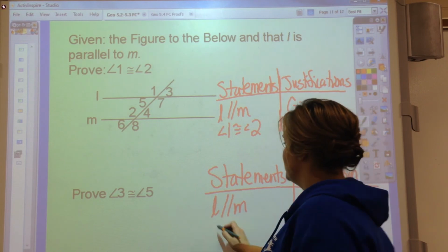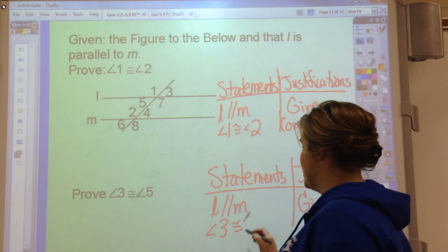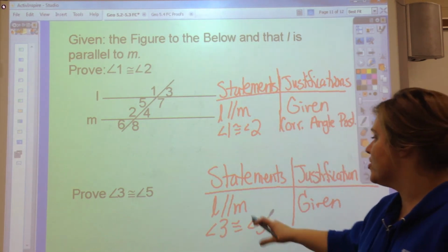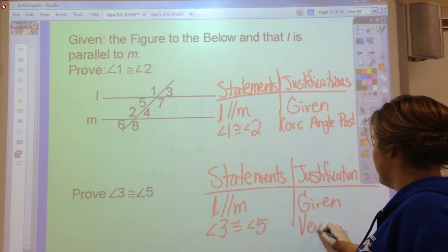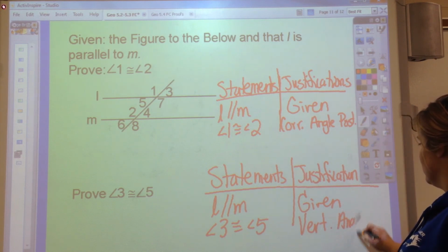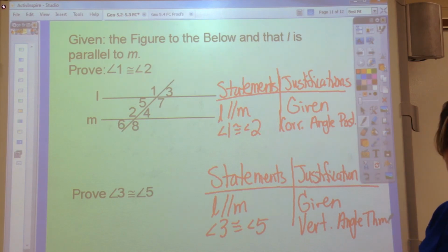And hopefully you have come up with the fact that it's the vertical angle theorem, right? The definition describes what vertical angles are, but the theorem gives us equality or congruency. So this is the vertical angle theorem. And again, we're going to use shorthand notation. We can shorten our words a little bit. And we are good to go.